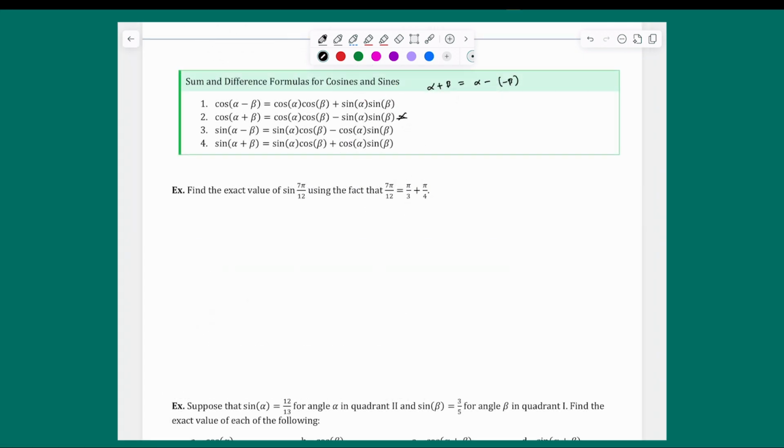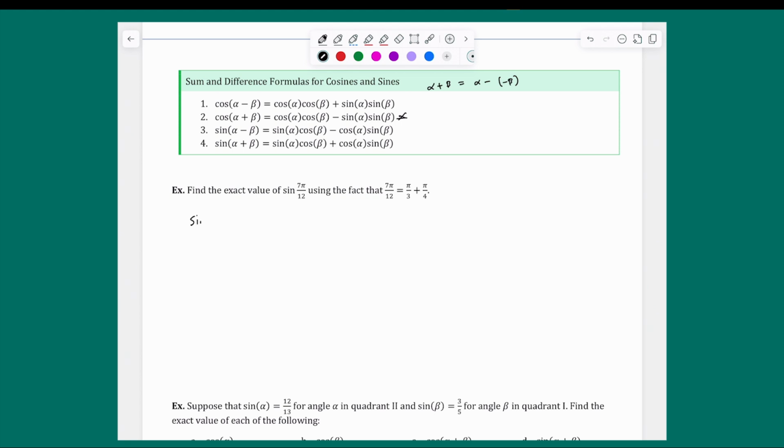Okay, so the next example here, we're asked to find the exact value of sine of 7 pi over 12 using the fact that 7 pi over 12 equals pi over 3 plus pi over 4. And so we could use the sum formula for sine.